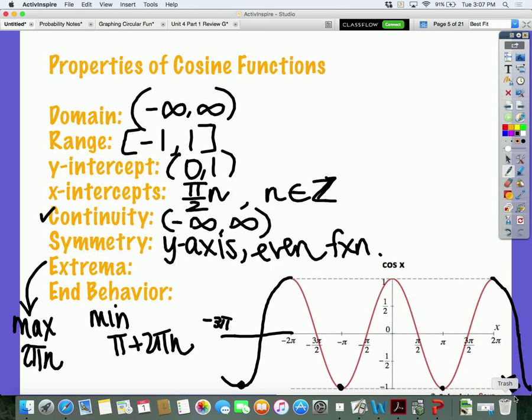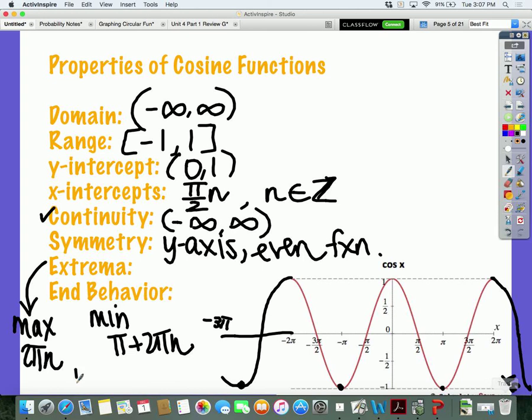If I were to plug in 2, this would be 4 pi. So pi plus 4 pi, I'll have another minimum at 5 pi. If I plugged in negative 2, that'd be pi minus 4 pi, which would be a negative 3 pi. So I have another min there. So this represents all the mins that happen amongst this entire domain.